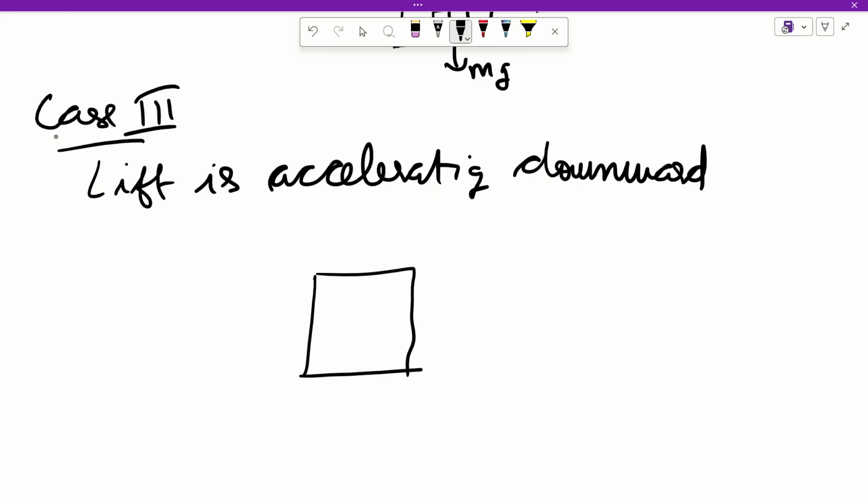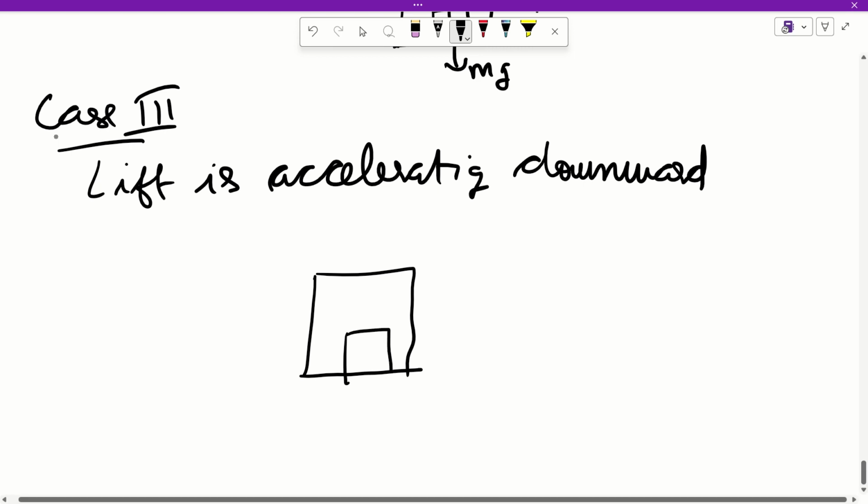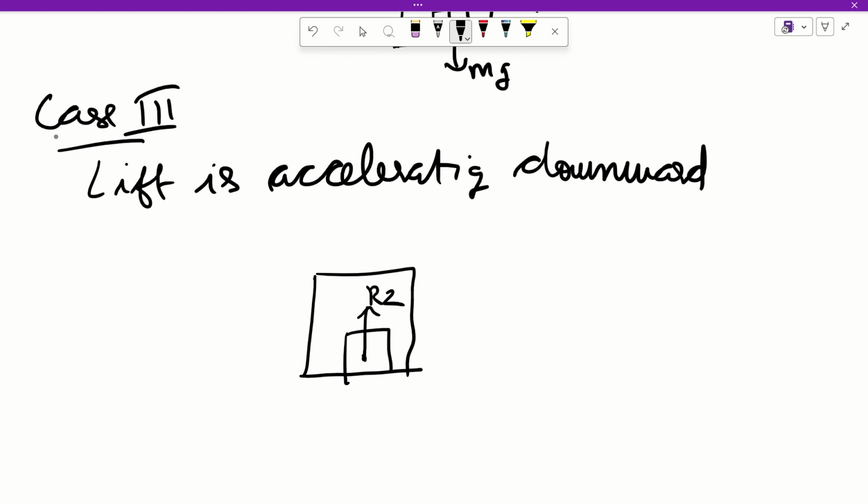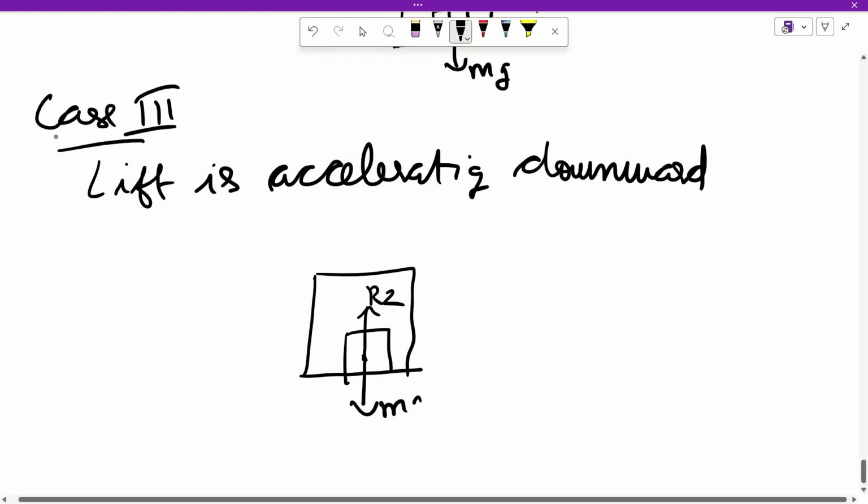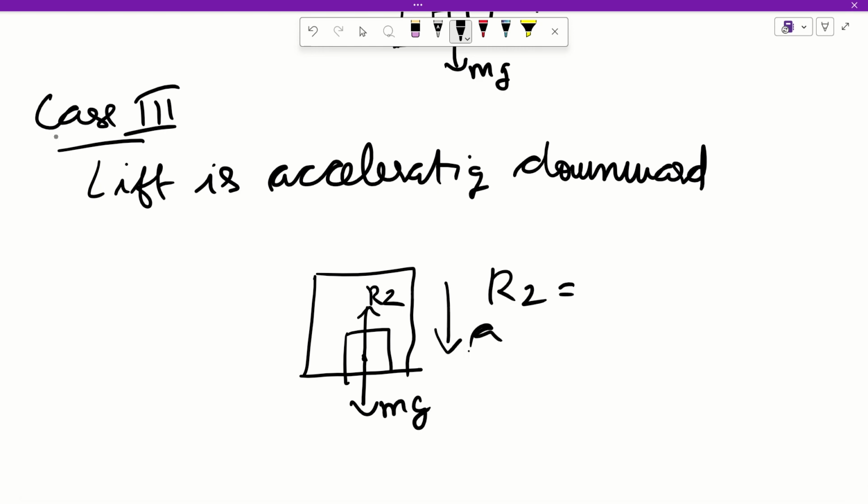This will be the lift, this will be the particle, and I'm denoting the reaction as R2. The apparent weight is R2, the actual weight is mg. The lift is moving down with constant acceleration a, so R2 is equal to m into g minus a. Here the weighing machine will read the apparent weight, which is less than the actual weight.